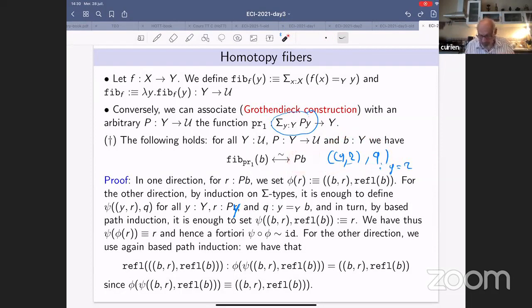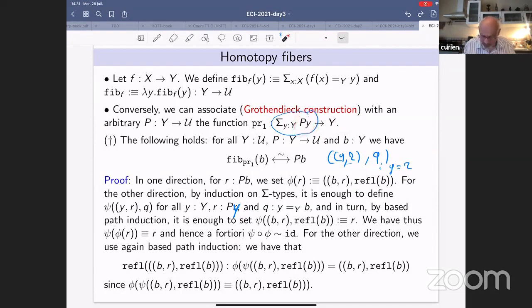Or if you prefer, an element here is not necessarily directly an element of PB. It could be an element of some other member of the type family P.